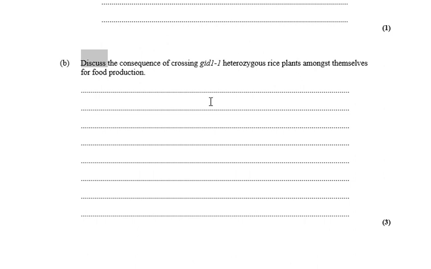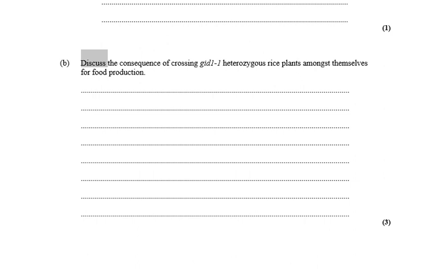Okay, so you've been through that question and you've looked at the thing and hopefully you've come out with the right answer. So obviously, if you're crossing GID1-1 heterozygous rice plants, we should remember, if we think about it in terms of a Punnett square, that 1 in 4 of those plants is going to produce seeds that are homozygous recessive.